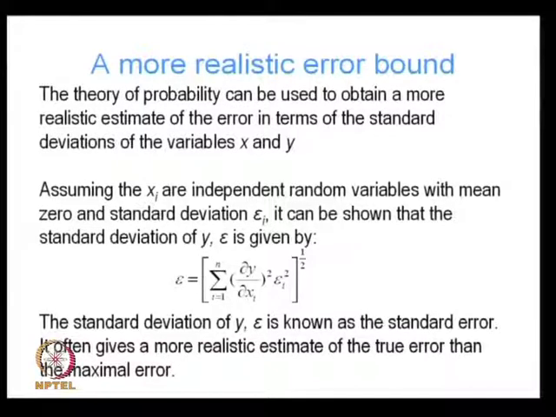If we assume that, it can be shown that the standard deviation in the dependent variable y is given by the square root of the summation of the partial derivatives of y with respect to xi squared times the standard deviation squared.